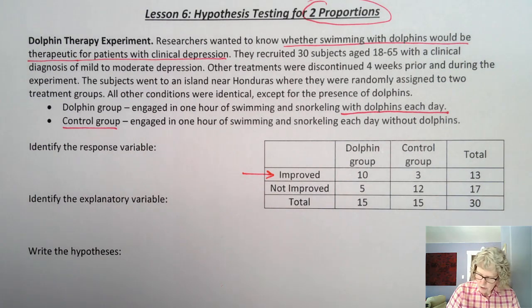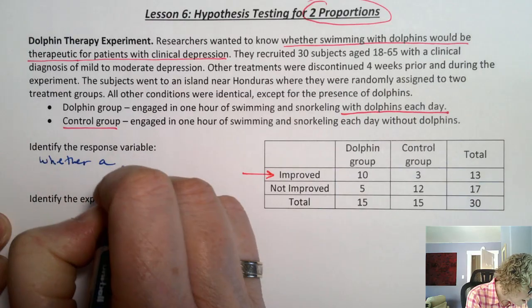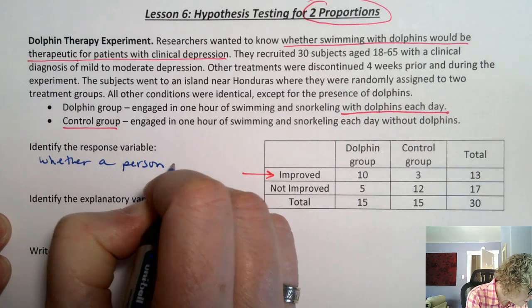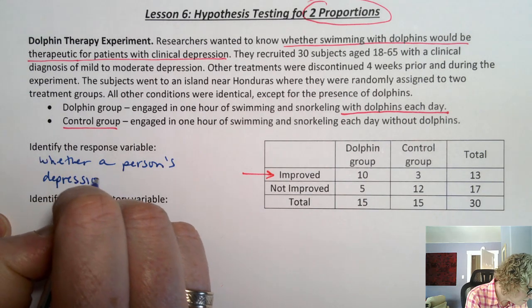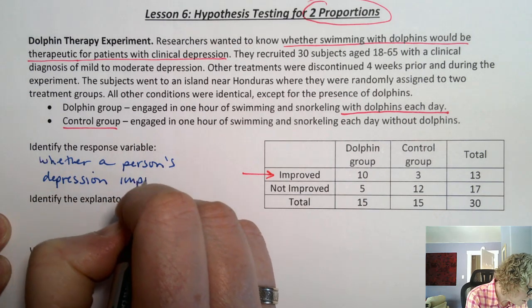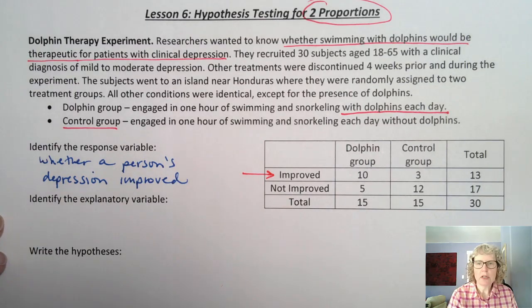So let's put for our response variable whether a person's depression improved. Right? That's the variable we would be measuring for each person, yes or no, in the experiment.